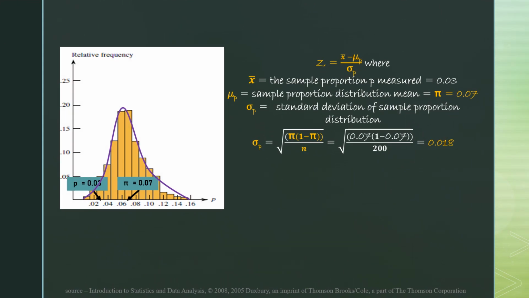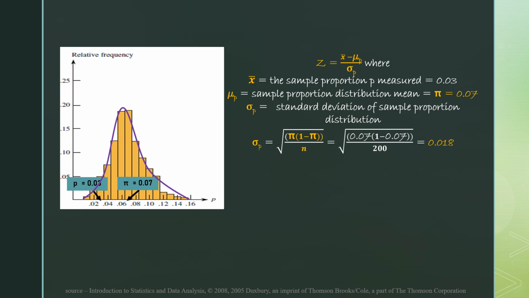Z equals x bar minus mu p divided by sigma p, where x bar equals the sample proportion p measured, which is 0.03. Mu p equals the sample proportion distribution mean, which is nothing but the population proportion pi, which equals 0.07. And sigma p equals the standard deviation of the sample proportion distribution. Sigma p is given as square root of pi multiplied by 1 minus pi divided by n.